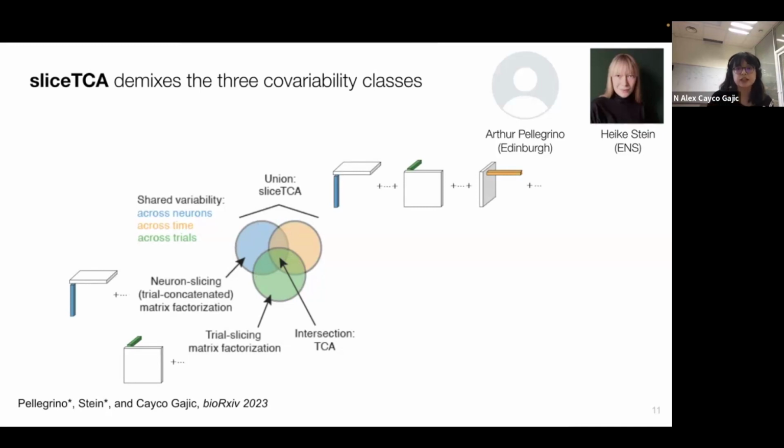And TCA is actually capturing the intersection of these classes. Because if you think about a tensor rank 1 component, that can be expressed as any of these three different slice rank 1 tensors. So TCA is really in the intersection of these three different covariability classes.